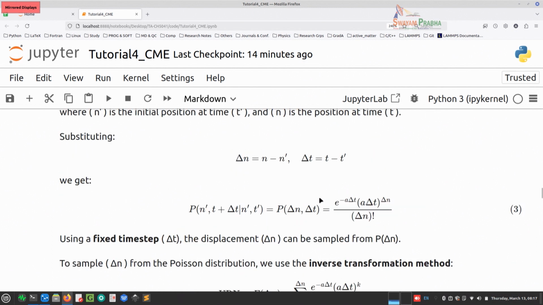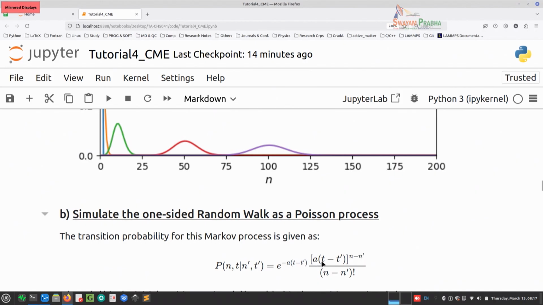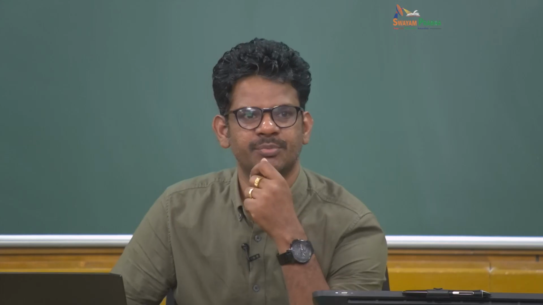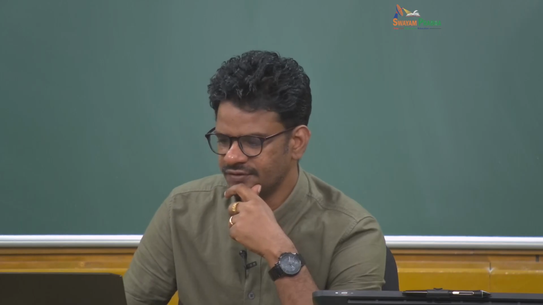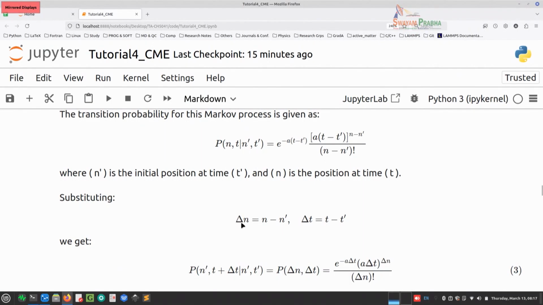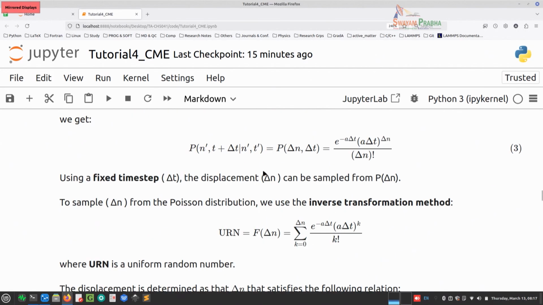You take this as the transition probability to find where the next position will be. For simplification we have written delta n as n minus n prime, and delta t as t minus t prime, and then the transition probability is written in terms of delta t and delta n.